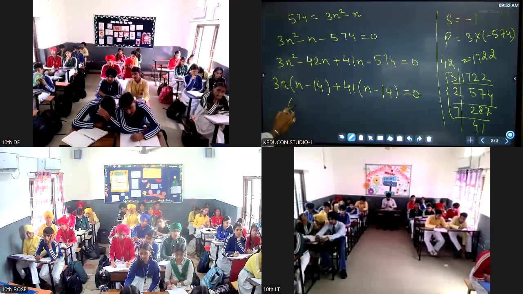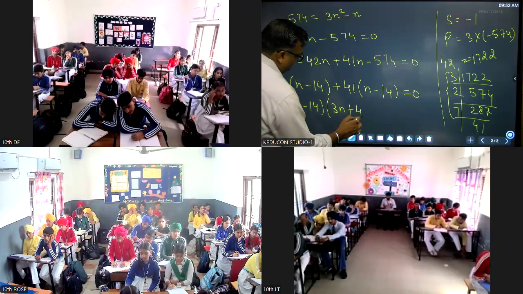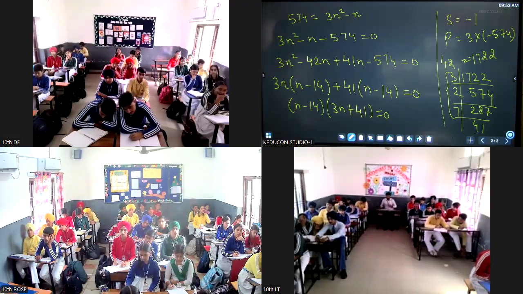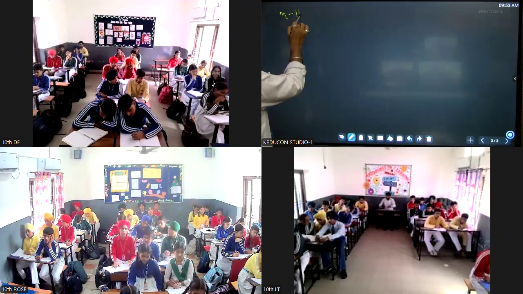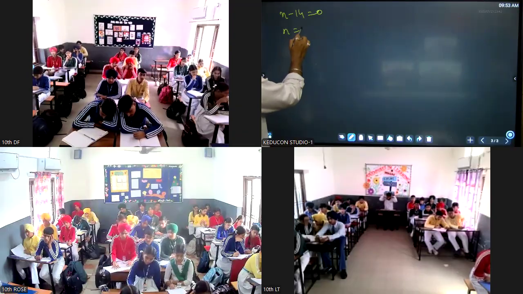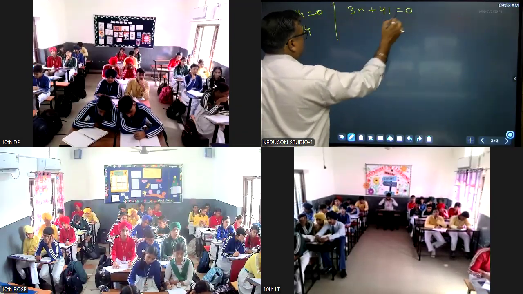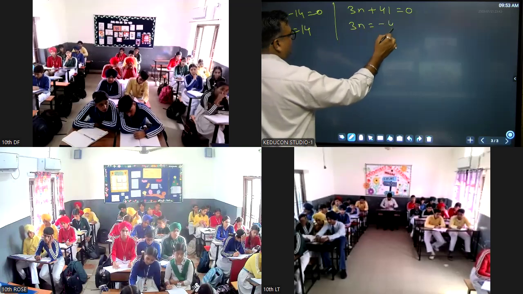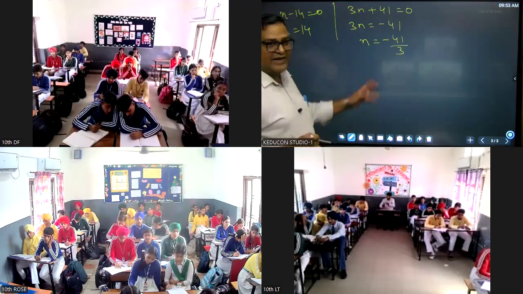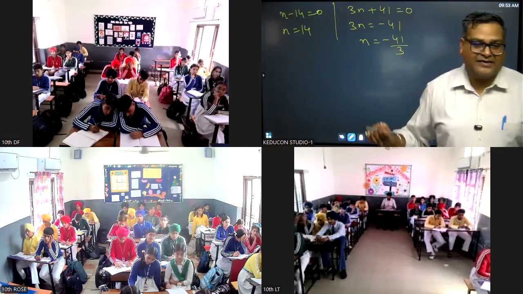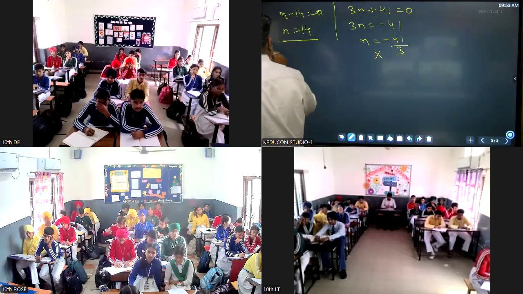So we have factors n minus 14 and 3n plus 41. Right, students? So now either n minus 14 equals 0, that means n is 14, or 3n plus 41 equals 0. 3n equals minus 41, n will be equal to minus 41 by 3. So n cannot be negative as well as a fraction, so we'll neglect this value. The value of n comes out to be 14.